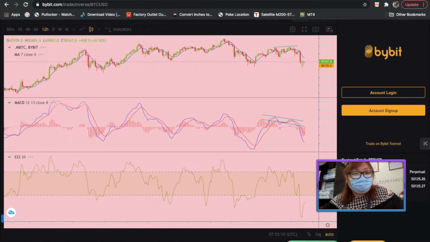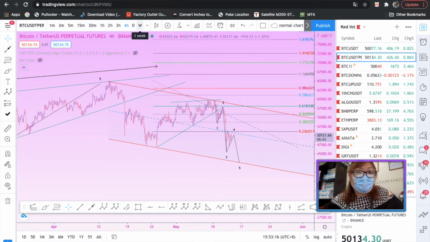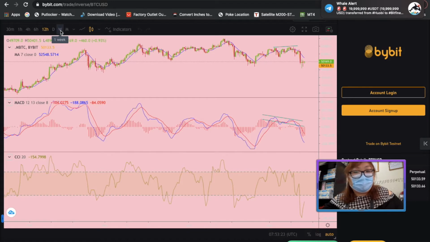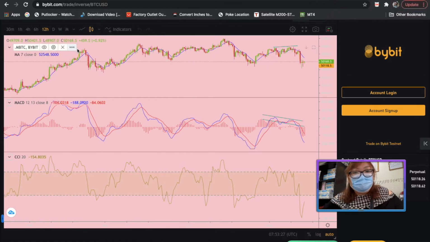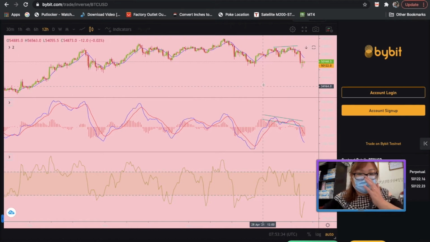So what I did, I went to the higher time frame. I was keeping up from 15 minutes to 4 hours, and then eventually to the higher time frame, 12 hours. Of course we know that the weekly is showing down, so what does it support? Now I like to use the 12-hour time frame because it shows me a lot of signs every time it does what I'm going to explain to you.